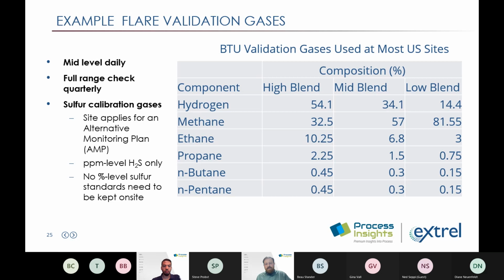For those sites specifically, we developed an application that they can put into the Air Monitoring Authority to apply for an alternative monitoring plan, or an AMP, that would allow them to do those validations using, instead of high percent level H2S standards, using ppm level standards only. So I really urge anyone who's stuck doing daily validations with high percent H2S, apply for an AMP based on increasing the safety of the setup, and go for the ppm standards instead.